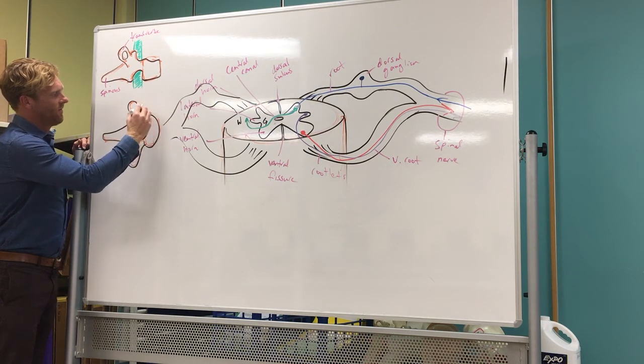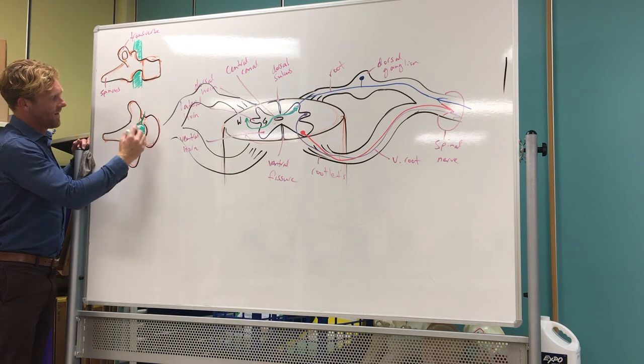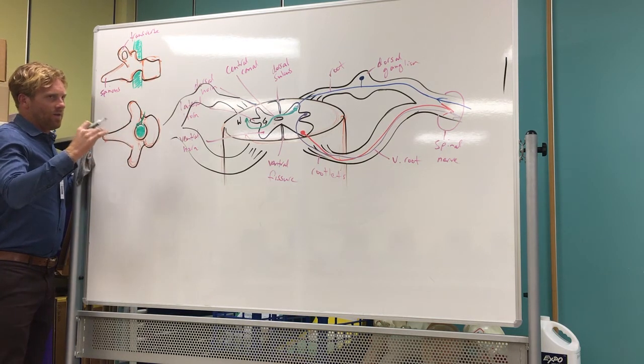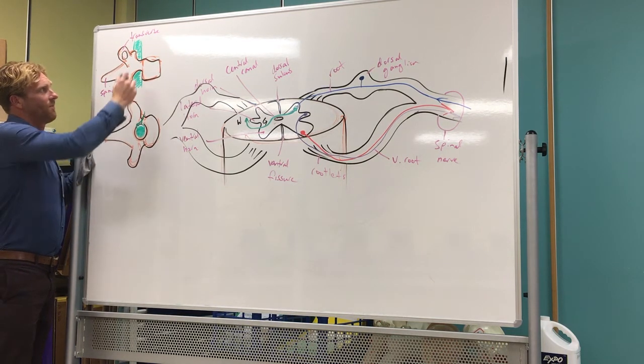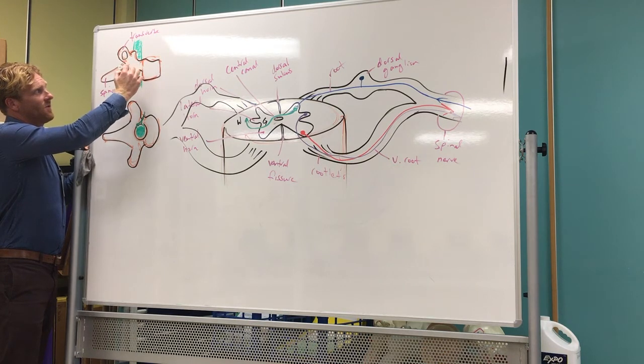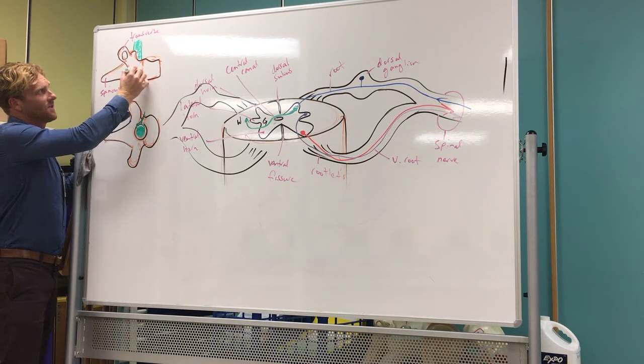So the spinal nerves themselves leave through the little space between each vertebra. This little space from the lateral view is called the inferior notch, and so you'll have the spinal nerves coming out just like that. All right.